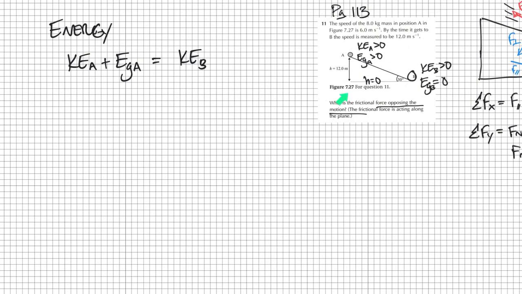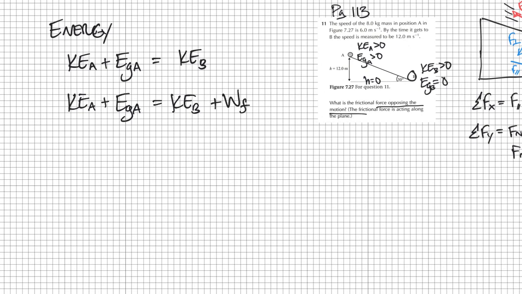But they're saying it's not because there's friction. So I'm going to add this: the kinetic energy at A plus the gravitational potential energy at A equals the kinetic energy at B plus the work done by friction.